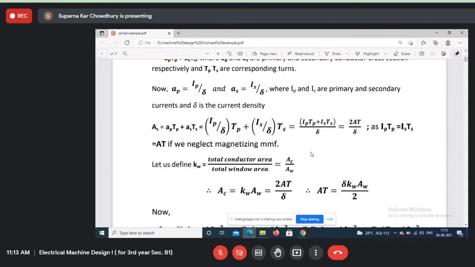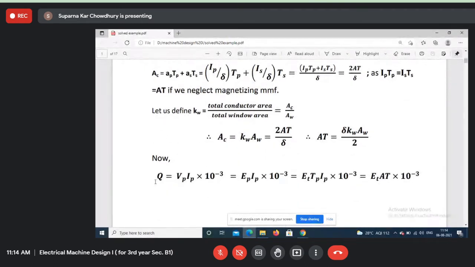So Kw is the ratio of conductor area by the window area, with conductor area in the numerator, and as AW is more, Kw is less than 1. So AC replaced by Kw into AW is equal to twice AT by delta. So AT can be written as delta Kw AW by 2.